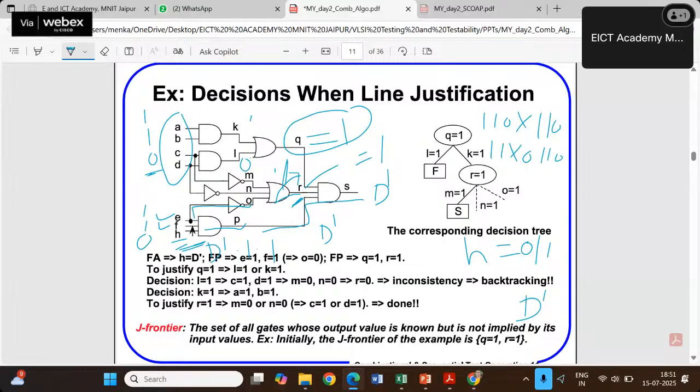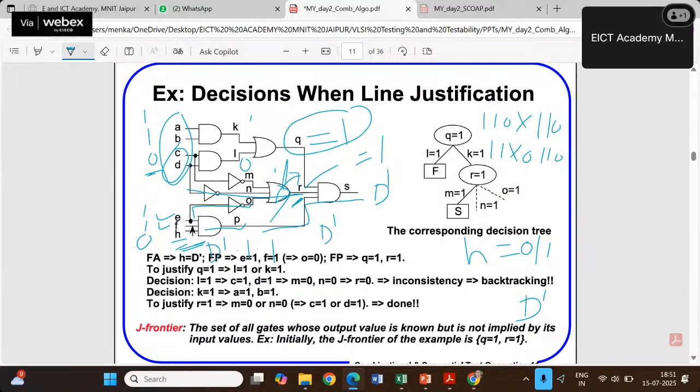If I would have taken the decision L equal to 1, in that case L equal to 1 means I have to make sure C and D, both of these are 1, 1. That is going to lead always to R equal to 0, so we will find it inconsistent. So it means we have to backtrace and find it again. In this way, we have to make the decisions.